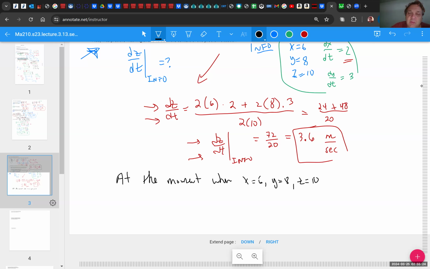I guess it's not as many words as a professional would prefer, but whatever, it's good enough. So at that moment in time, when x is 6, y is 8, and z is 10, the diagonal, the longest side, which is our z, is increasing by 3.6 meters for each second.